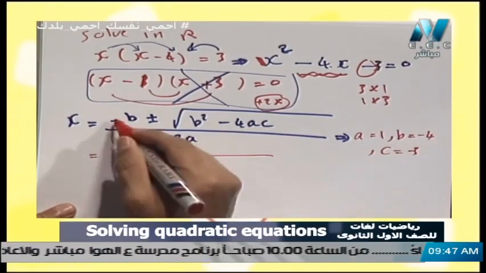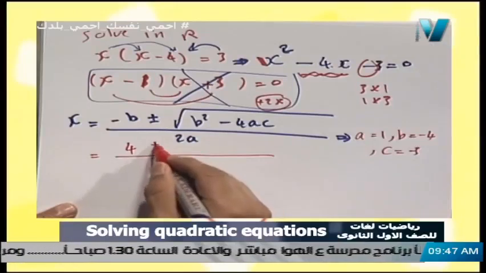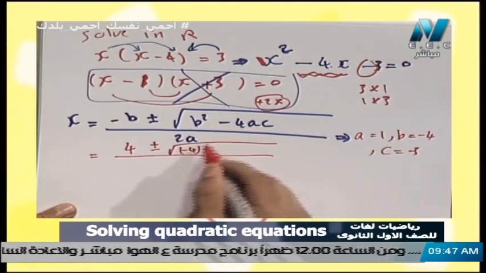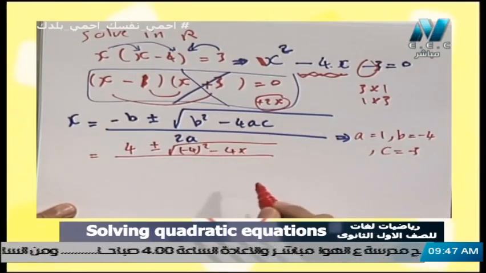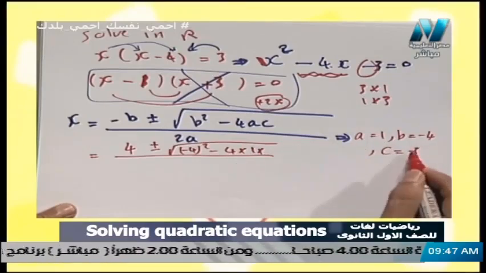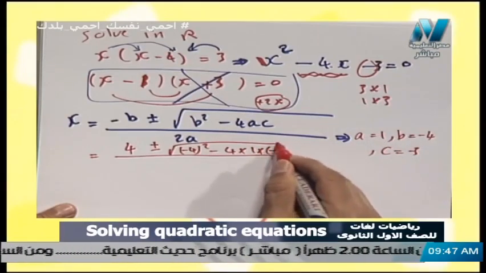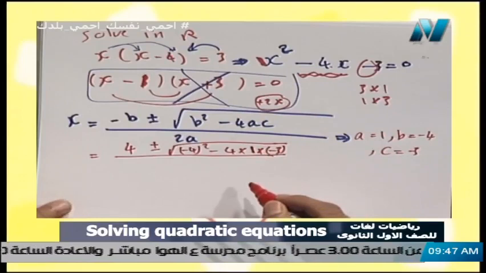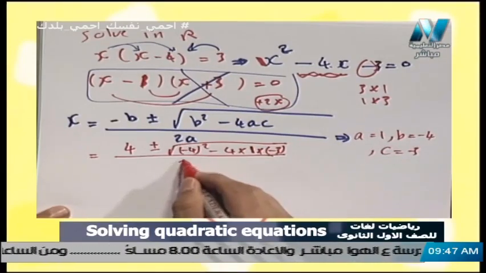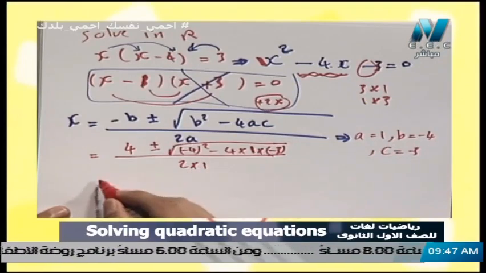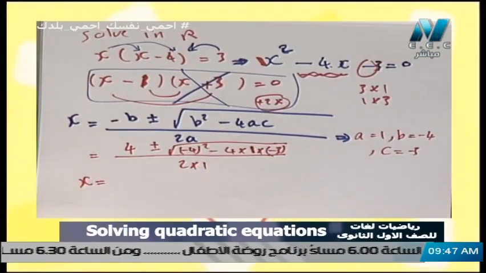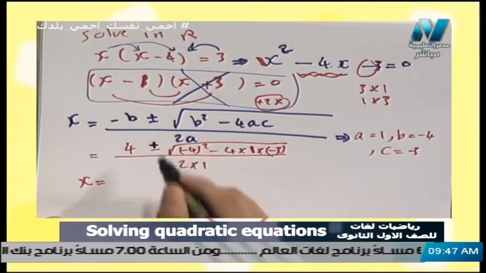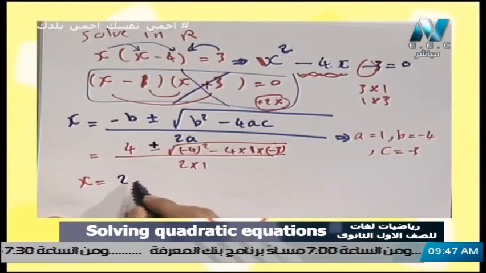And by substitution, we will find that negative b is the converse of b, which is negative 4, will be 4. Negative times negative equals positive. So here, plus or minus square root b power 2, which is negative 4, all power 2, minus 4 multiplied by a, which is 1, multiplied by c, which is negative 3, and yes, put it in a bracket to avoid mistakes, over 2a. 2 times a is 2, and by using your calculator you will find that x equals, by using plus here, x will be 2 plus root 7.